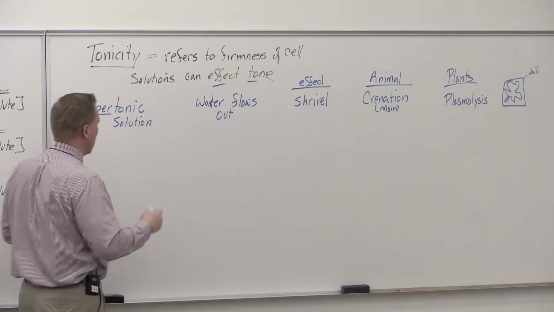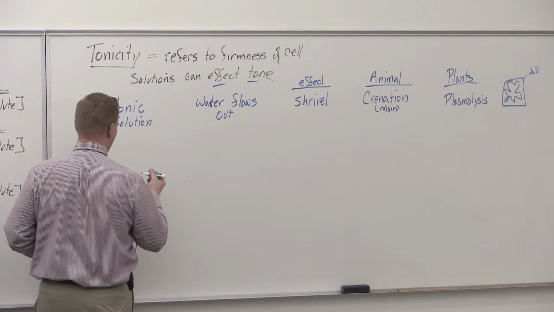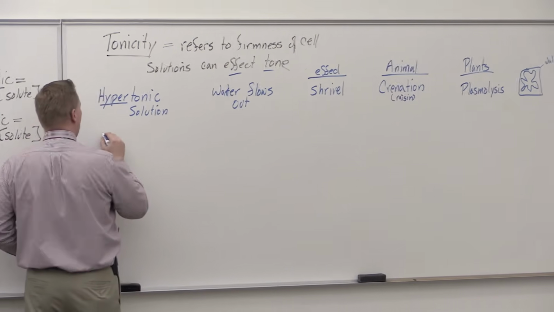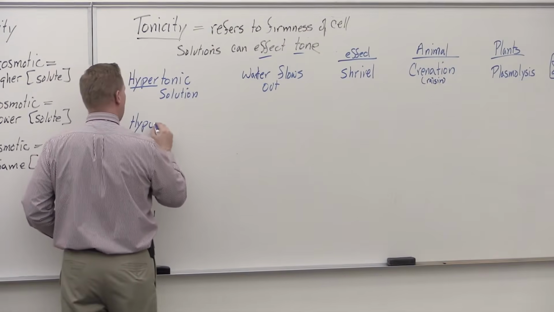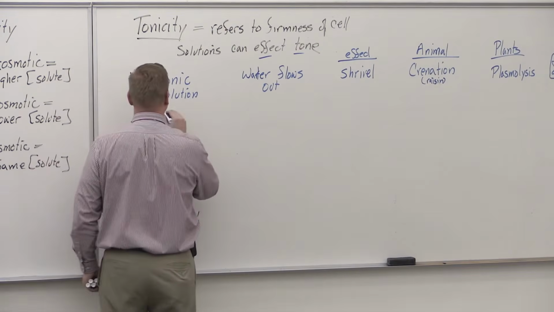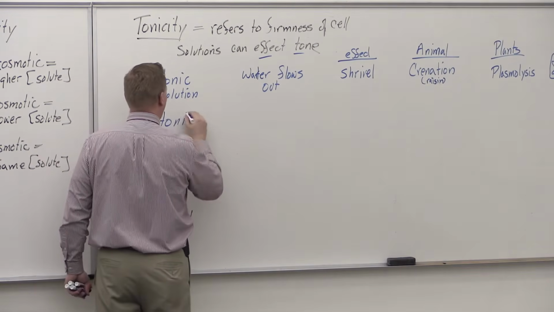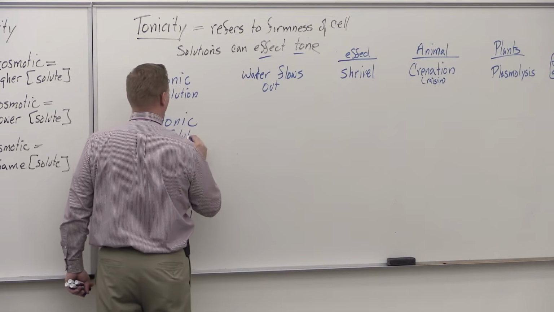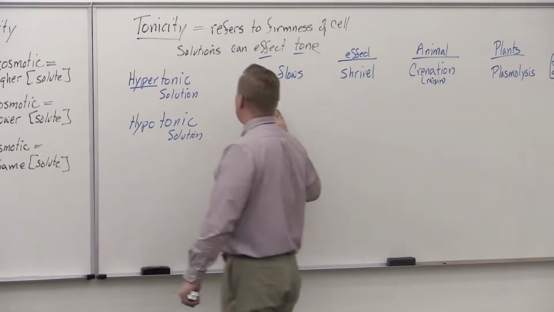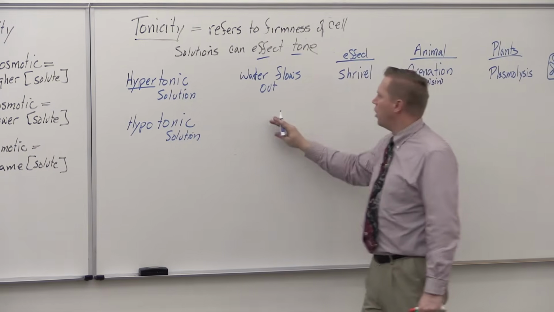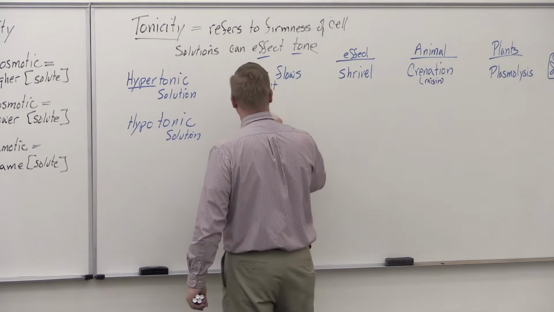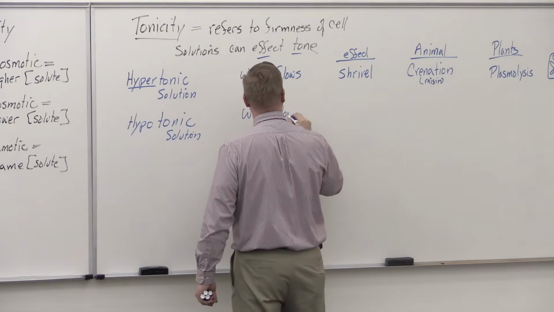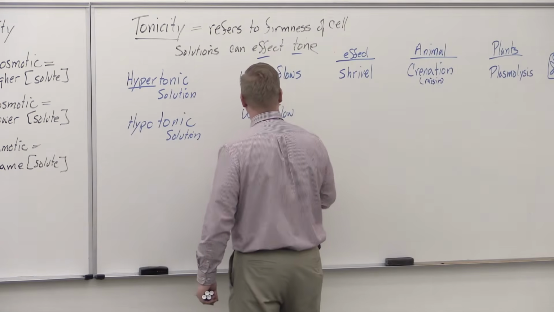In almost all cases, it's bad for plants and it's bad for animals. We learned that the opposite of hyper is hypo, so you could have a hypotonic solution as well. As you might guess, in a hypotonic solution, water flows in to the cell.